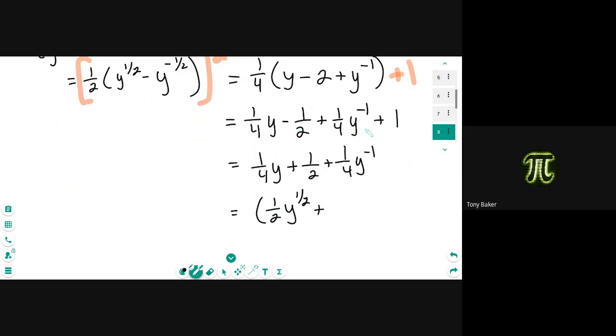1/4 y to the 1, minus 1/2, plus 1. So remember, this was one of those ones that kind of goes back on itself, where it looks like it's really complicated.